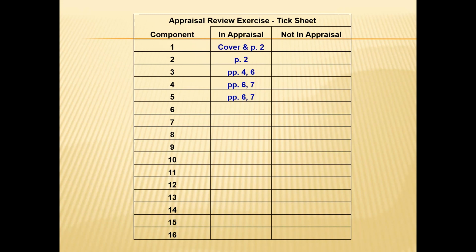Number 6, the description of any defects or limiting conditions to any of 3, 4, or 5 above, quantified in monetary terms where necessary. Is that in there anywhere? In the appraisal, to talk about any of the defects on the property.